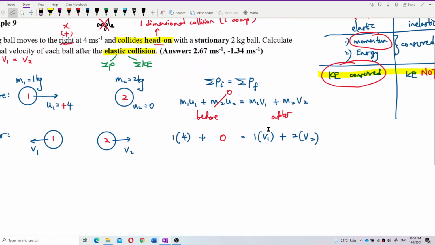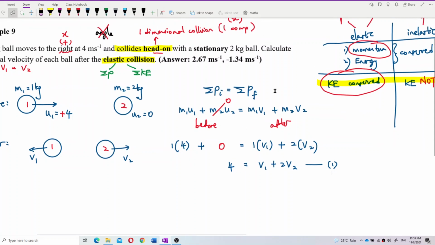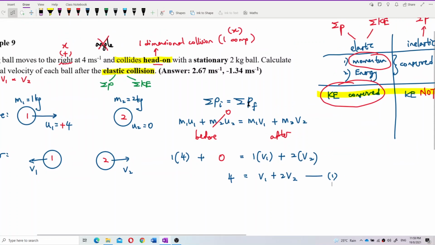So we already have one formula here: 4 equals v1 plus 2 v2. So here is our first formula, from the equation of conservation of momentum.